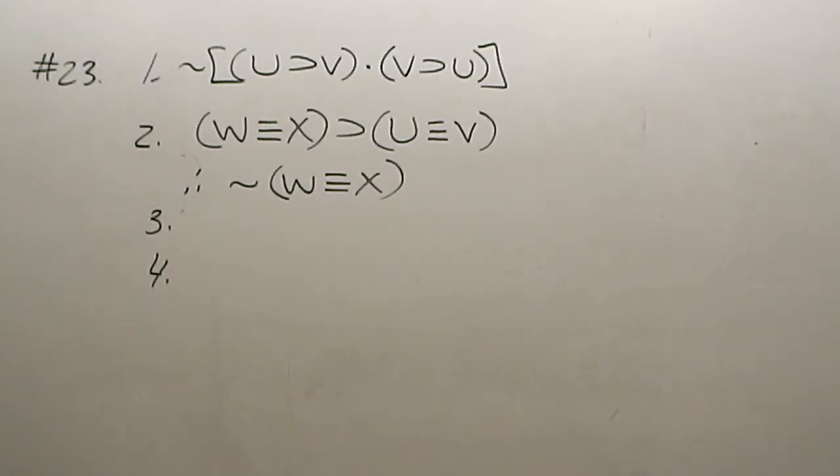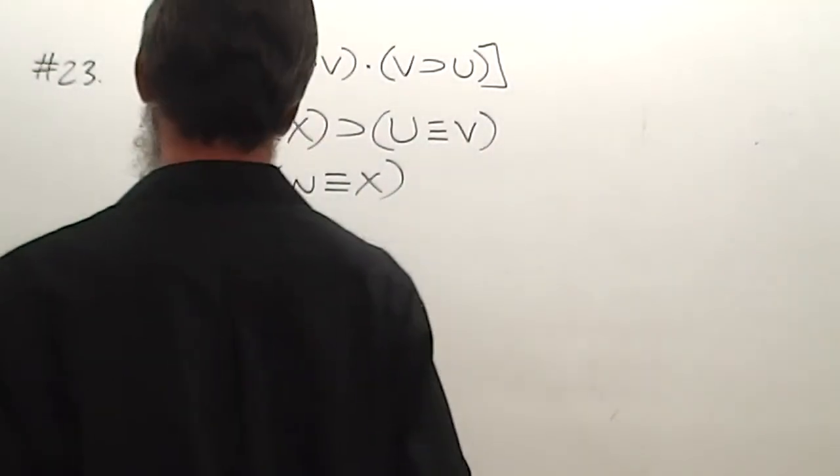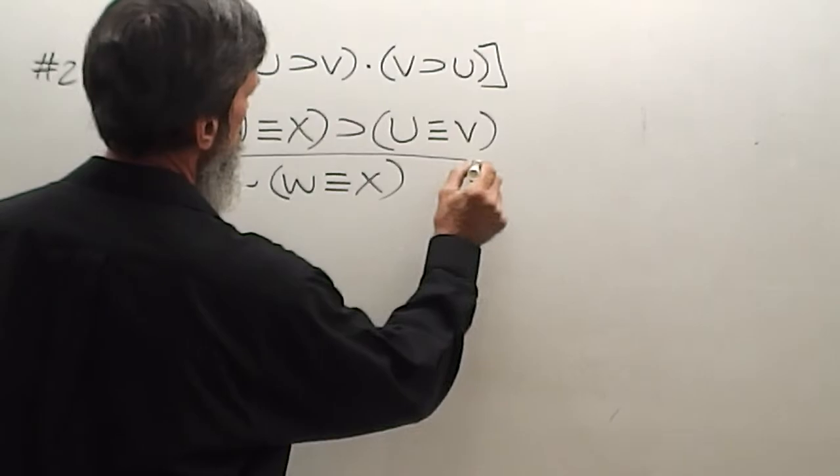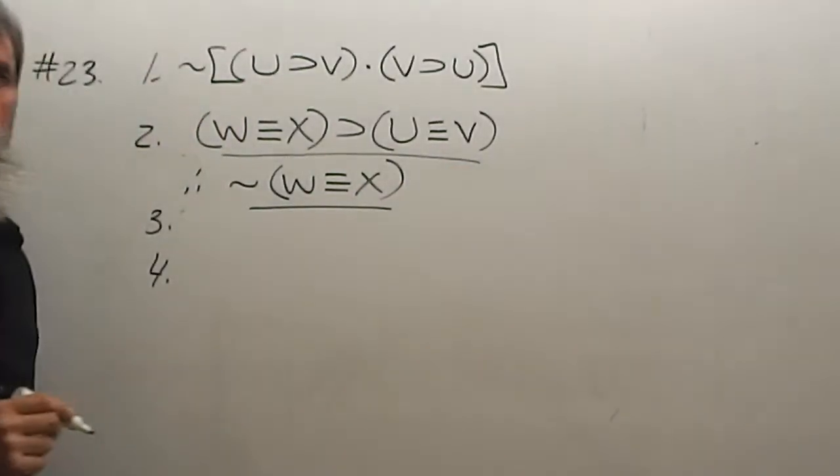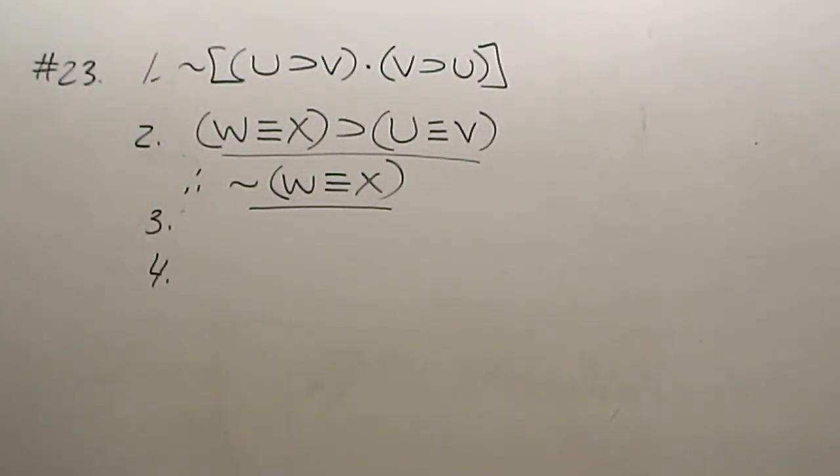First 9 rules. In fact, those are the pieces. What are we looking at there? We're looking at the first premise and the conclusion of modus tollens.